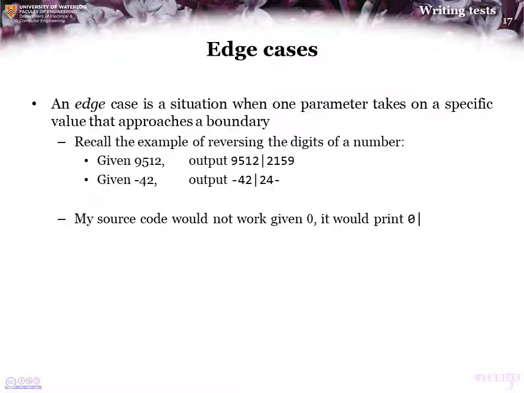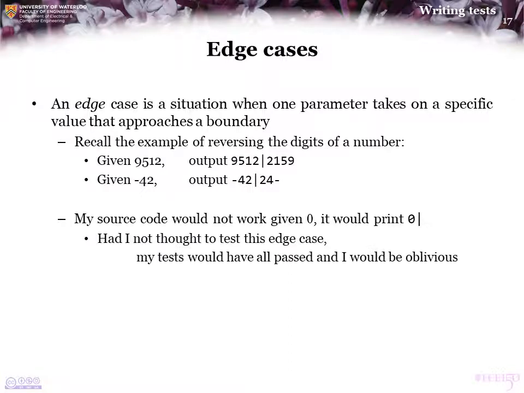In fact, the output would have been 0 pipe, but nothing else. Had I not thought to test this edge case, all my other tests would have happily passed, and I would have been oblivious that my code did not work in this one specific case.